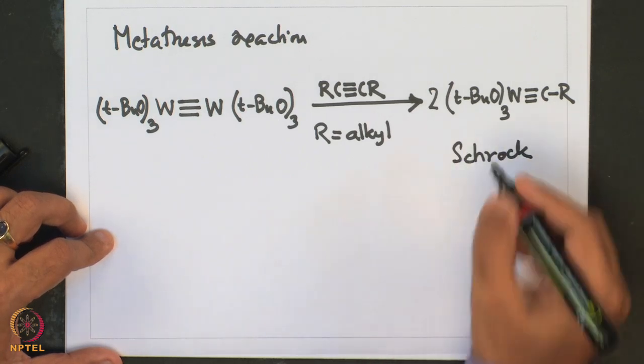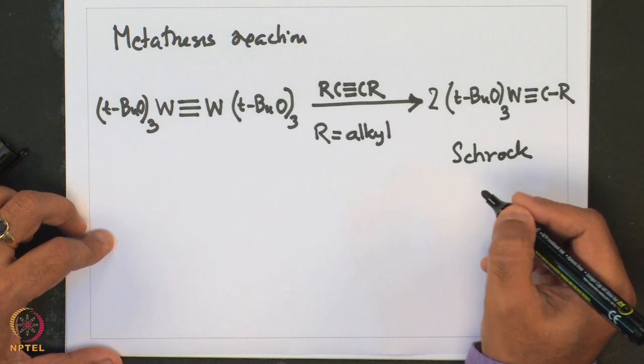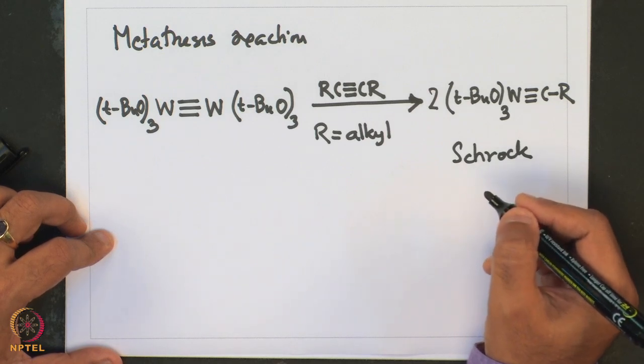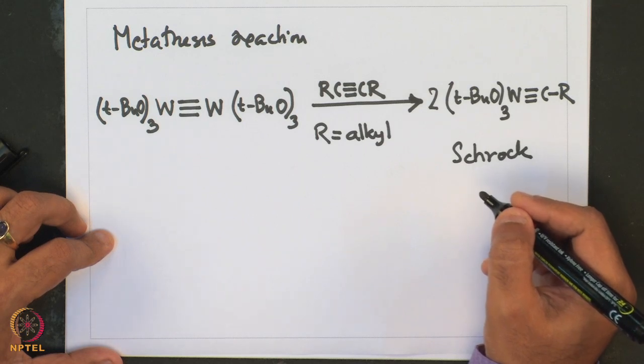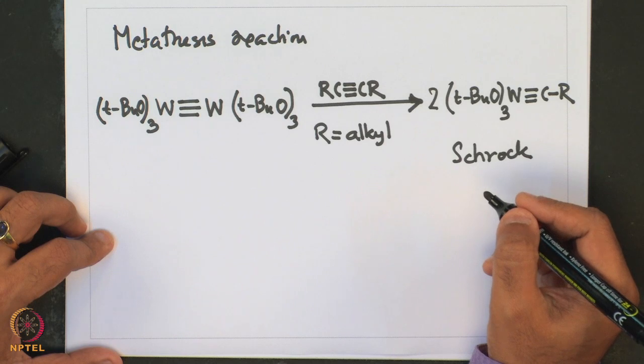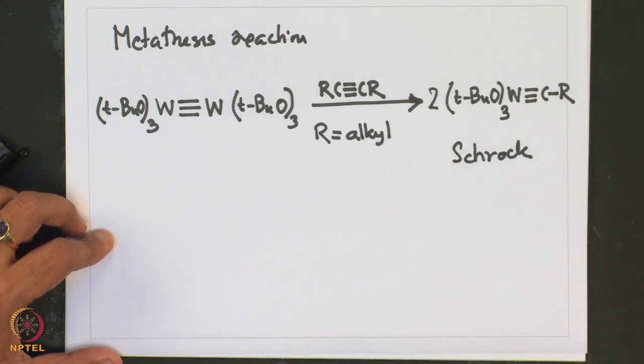and that speaks volumes about Schrock's ability to synthesize these carbyne complexes by more than one method. The first one was by alpha-deprotonation, and the next one is by metathesis reactions.